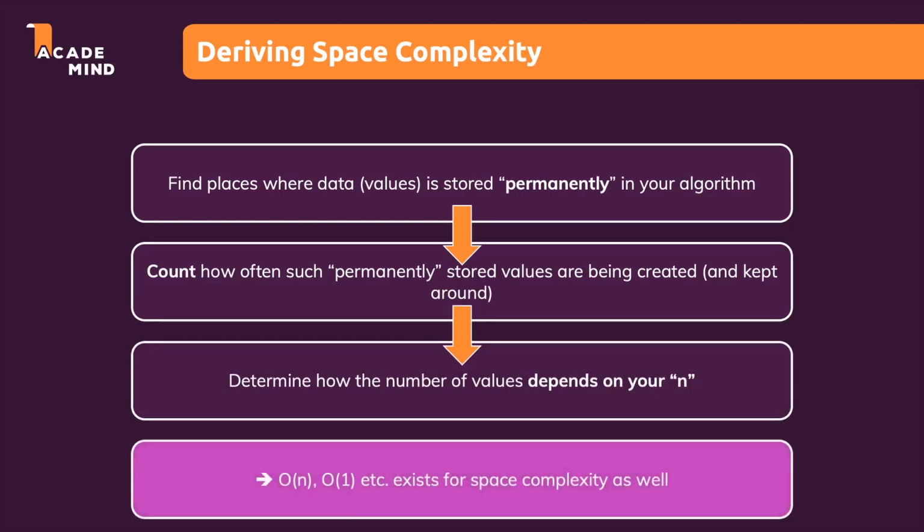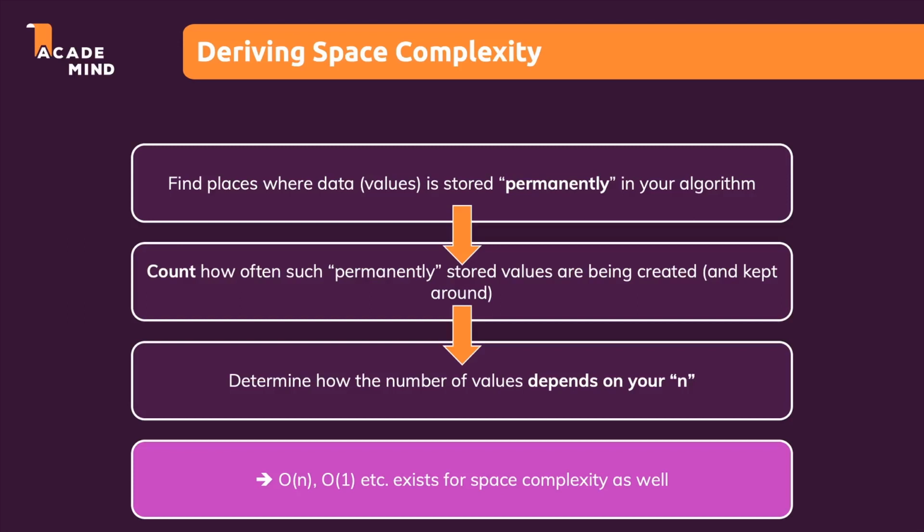And yes, we also use the big O notation for space complexity, and there we also can have linear or quadratic or exponential or logarithmic, all kinds of space complexities in theory. Because, of course, we could have an algorithm where we, for example, create a new object with every iteration in a loop, and we loop through all numbers up to n, and we keep the created objects around after every iteration.